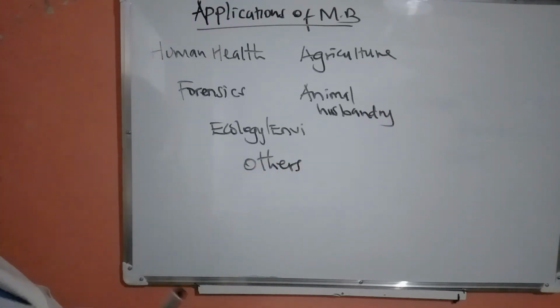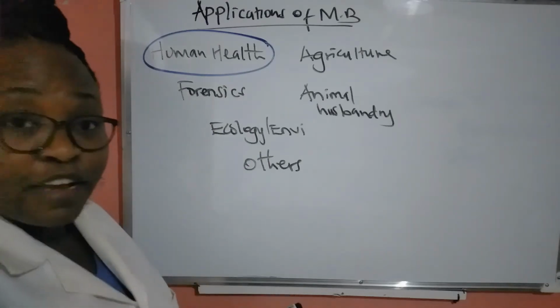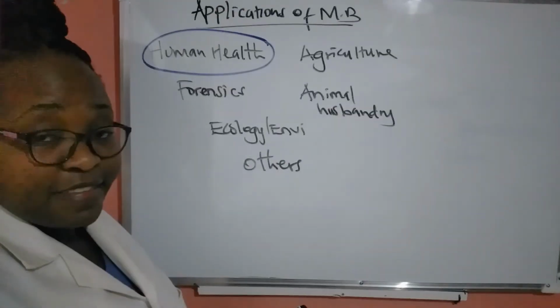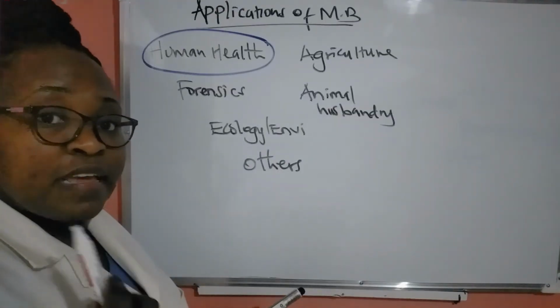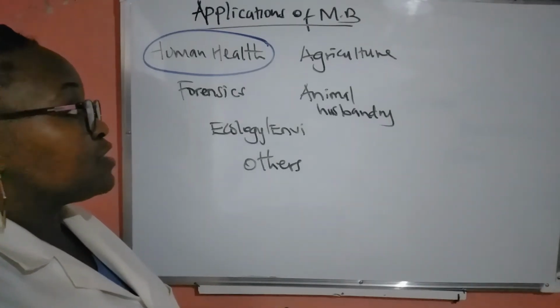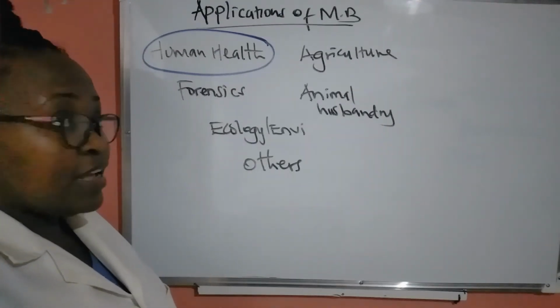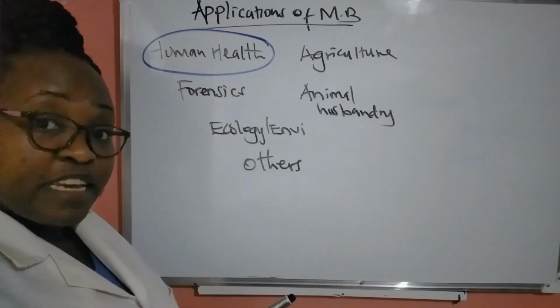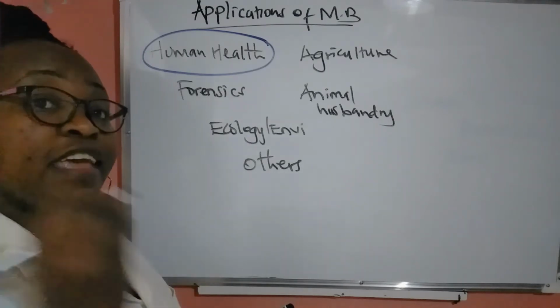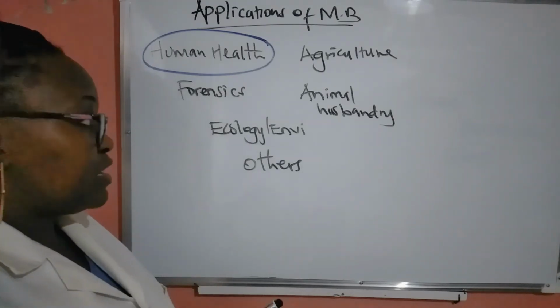In human health, it is used in detection of diseases such as cancer, genetic disorders, bacterial and viral infections. It is also used in drug design, that is in how to design medications that will target specific areas of our bodies to be able to cure the disease.